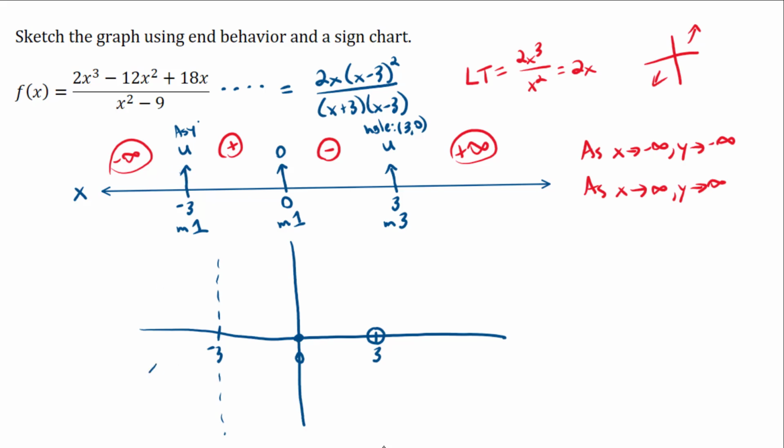To the left of negative 3, I have to go to negative infinity, which means as I get close to my asymptote, I have to stay negative and approach negative infinity as well. I have to be above the x-axis between negative 3 and 0, approaching my asymptote. And then between 0 and 3, I have to be negative. And then after 3, I have to go to positive infinity. There's another great example. We've got a hole, an asymptote, and an x-intercept. Let's do another.